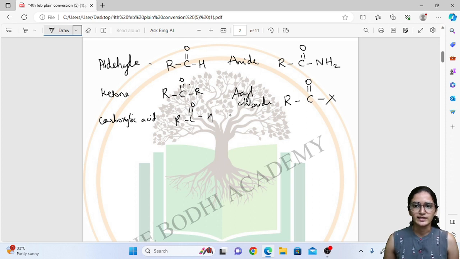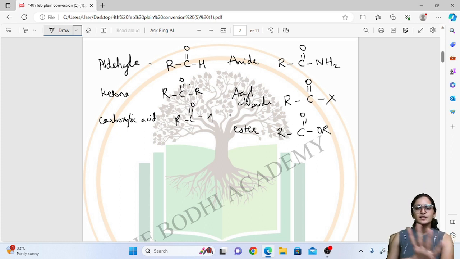This also comes under carbonyl compounds. Okay. Then next is ester. Ester formula is R-C double bond O-OR.